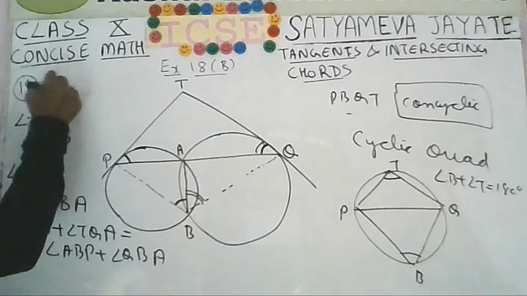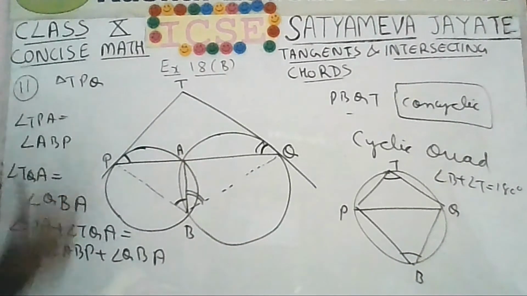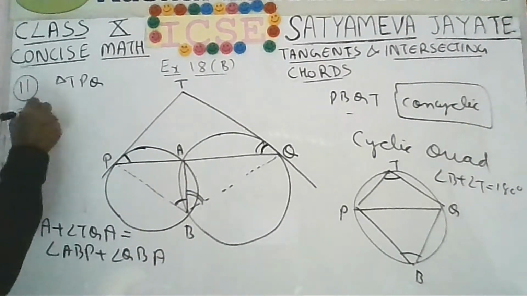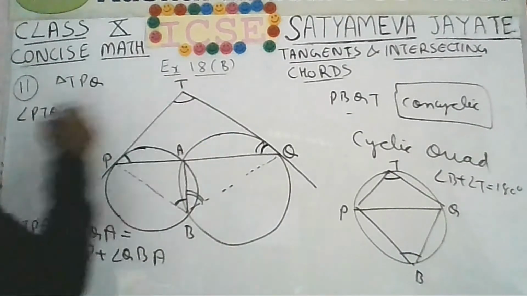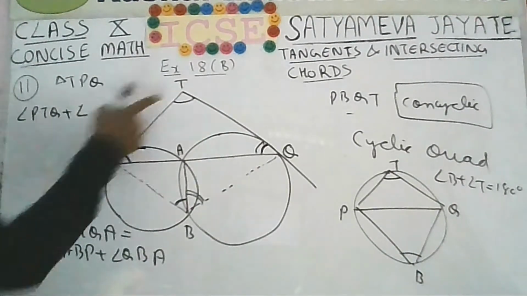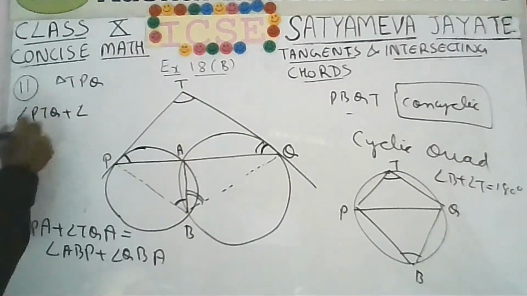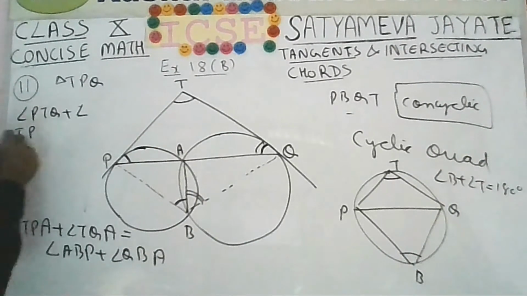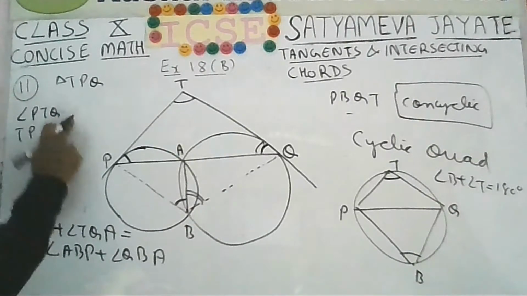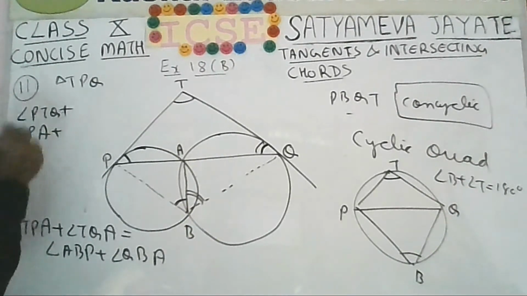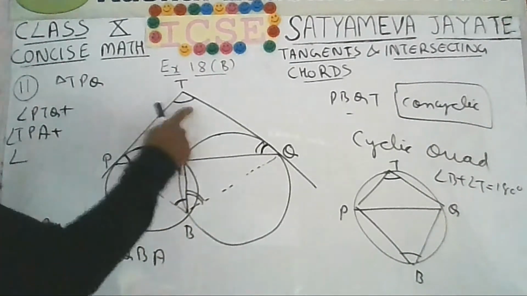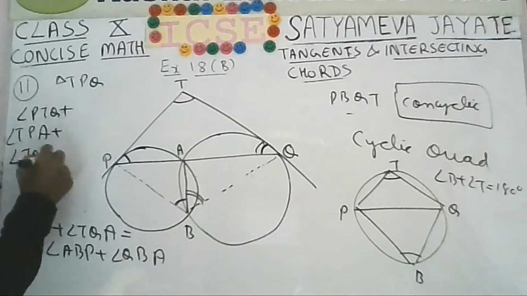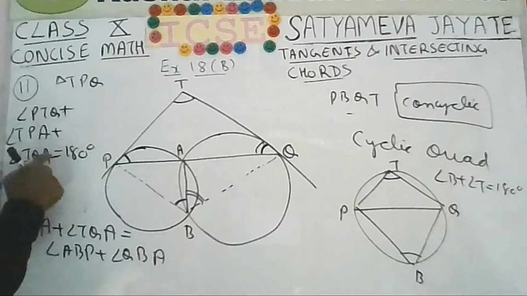In triangle TPQ, angle PTQ plus angle TPQ, TPQ is same as TPA, so I am writing here angle TPA plus angle TQP, or you can say TQA, will be equal to 180 degree, isn't it?